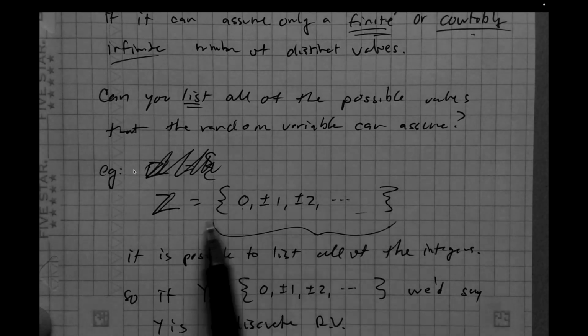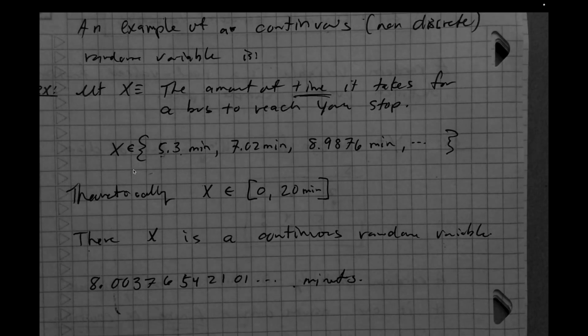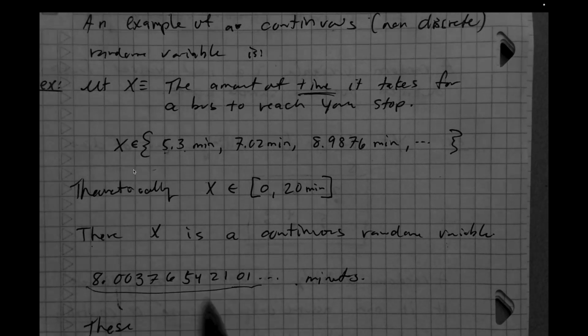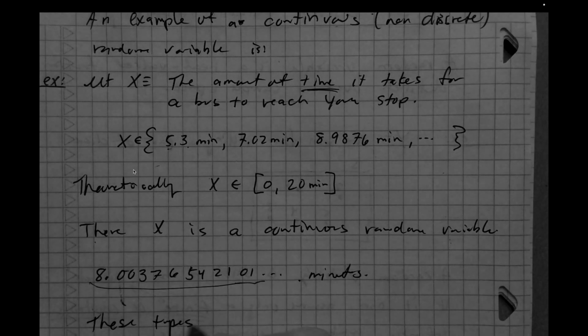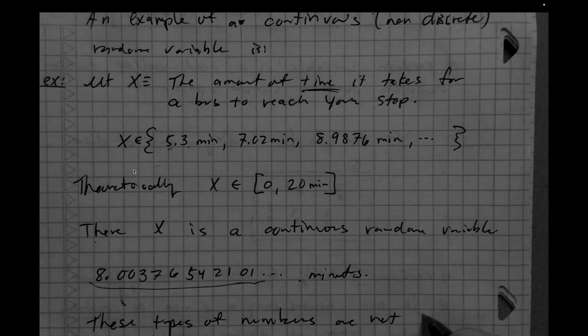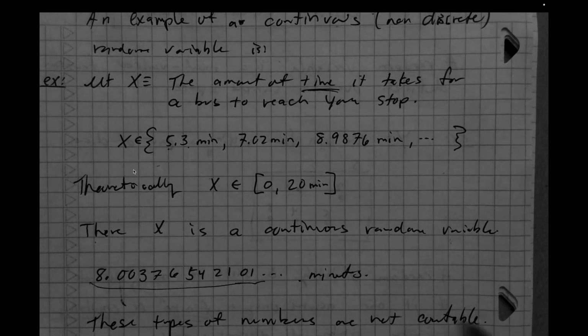I know what this does forever, but over here, these kinds of numbers that have these infinite decimal expansions, they're not really what we would call countable. So these types of numbers are not countable. And that is a topic for a different class.